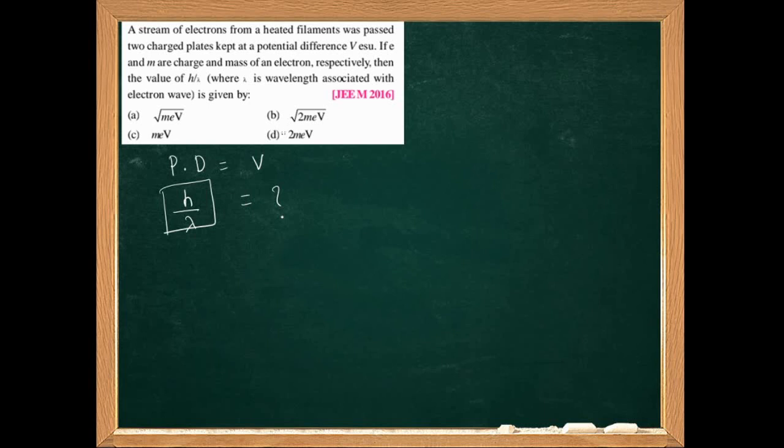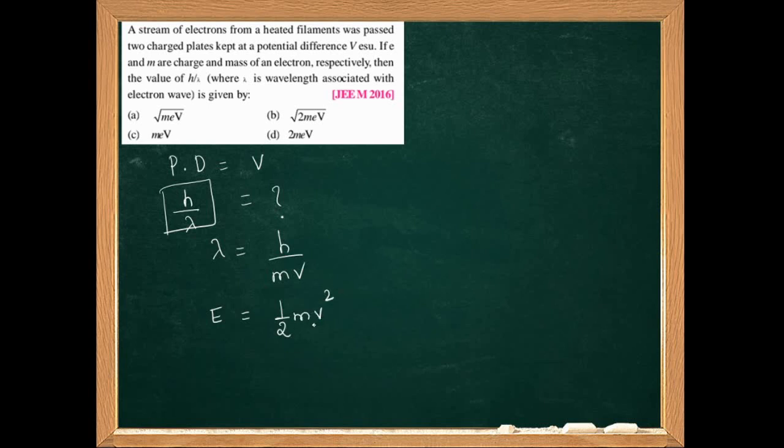Now, what equation do we have to use in such a condition? If an electron is passed through a potential difference of V, let's say wavelength is equal to h upon mv is one equation that we have. But if I have to find the energy, the energy is half mv square.